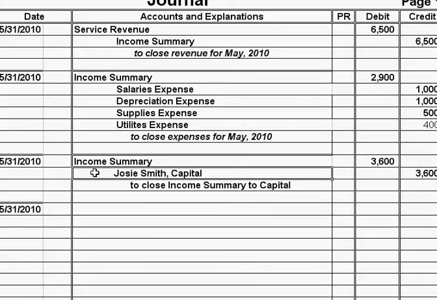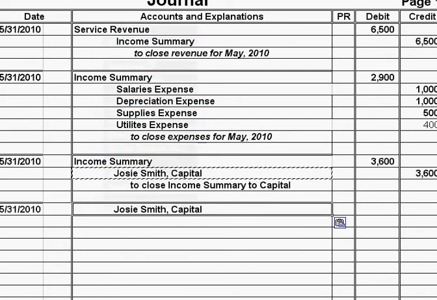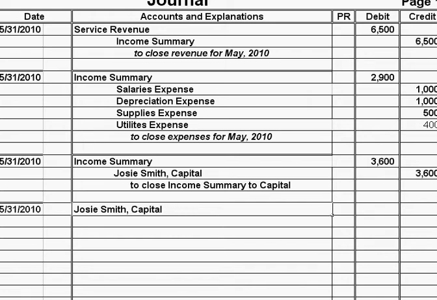We have to debit the capital account for Josie Smith. So there's the debit of $1,000.